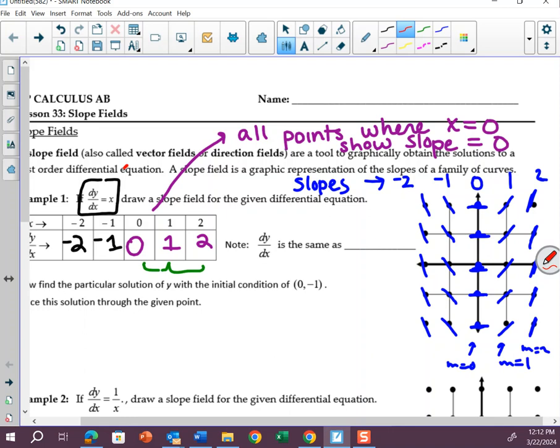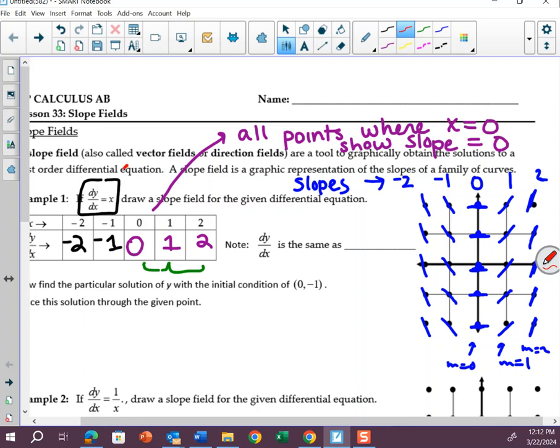It's kind of like a contour map, like you may have seen. All right. So far, so good? Yeah, it's just a bunch of little lines.